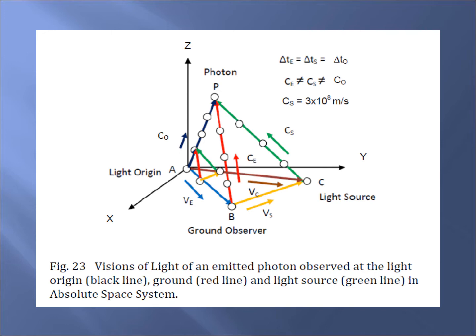That's the absolute light speed. CO is not equal to CE and is not equal to CS. In other words, the speed of light is subject to the relative position and the speed between the observers and the photon.